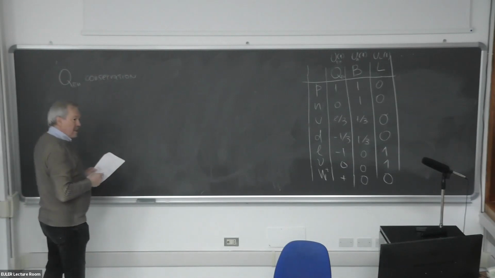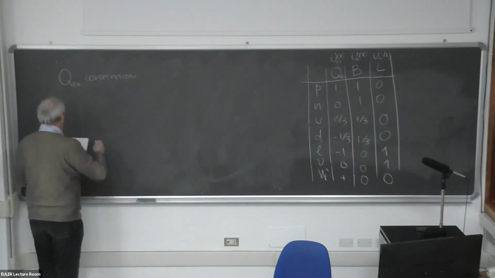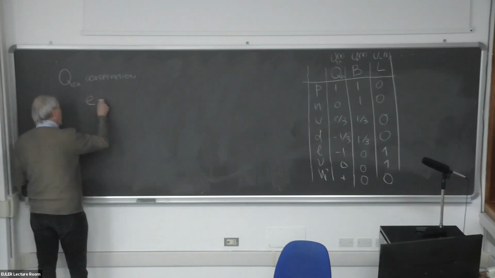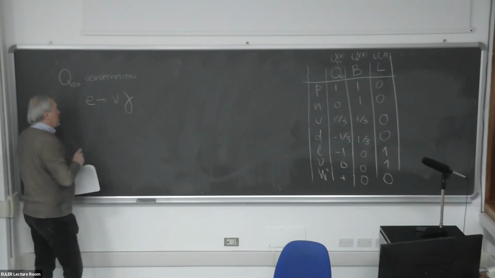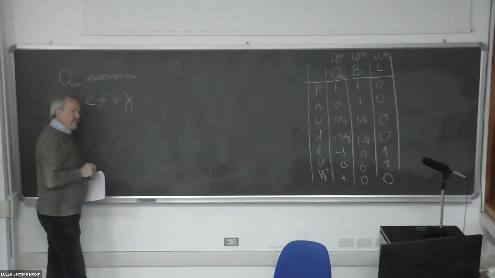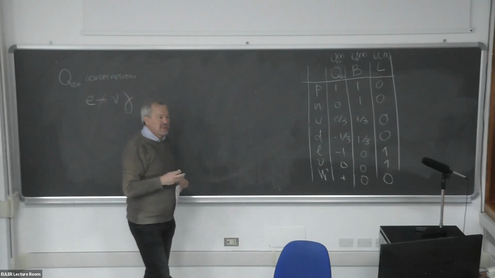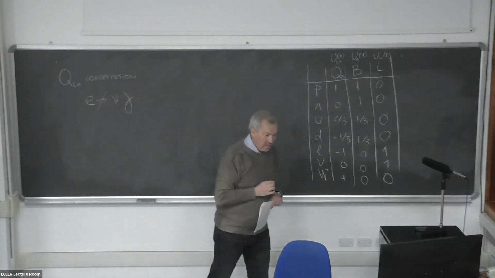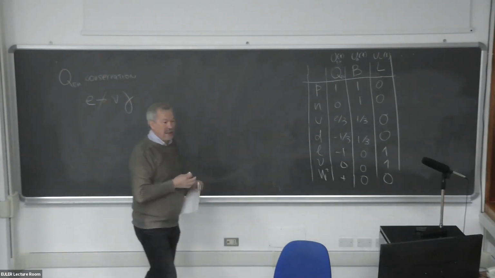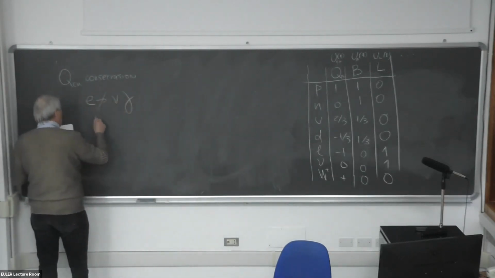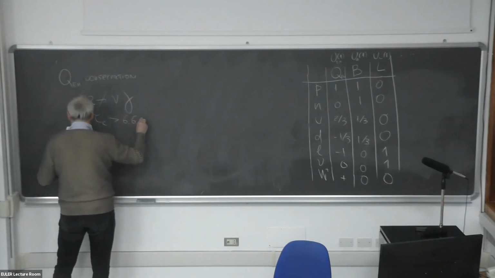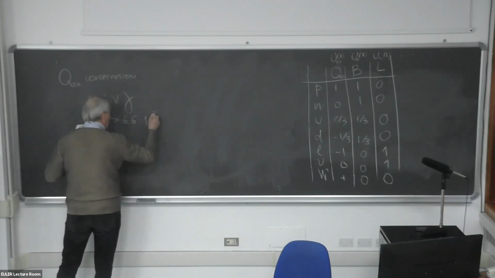The best check of conservation of this U1 is given by searches for decay of electron to neutrino and gamma. So this decay hasn't been found so far, and the best bound comes from studies of stability of atoms, right? If this decay exists, then atoms will be unstable. The best bound is that the lifetime of the electron should be bigger than 6.6 times 10 to the 28 years.